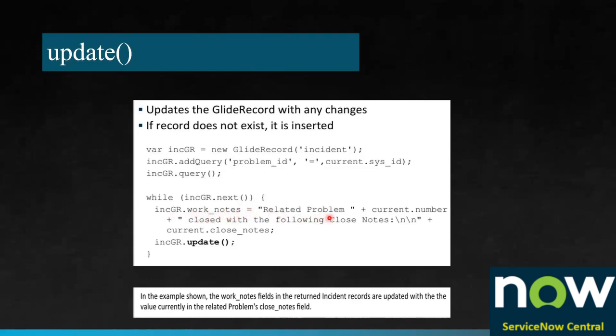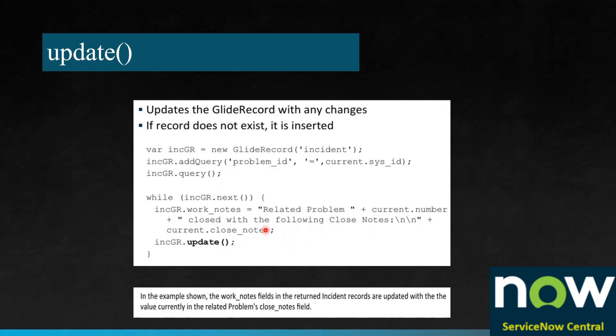incgr.work_notes update. The incident's work notes equal to related problem plus current number closed with the following close notes, current.close_notes. Remember, when we were discussing different types of business rules, we found that there are two predefined variables which ServiceNow gives us in order to work with different fields.